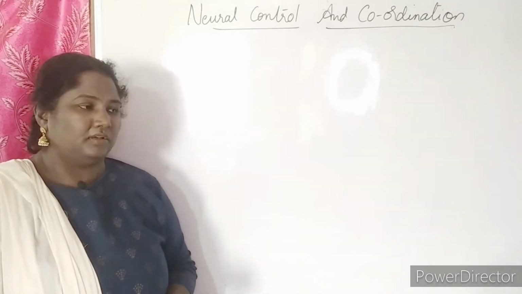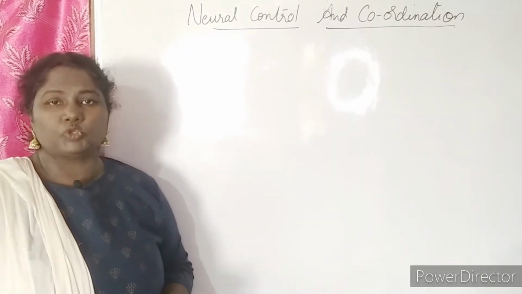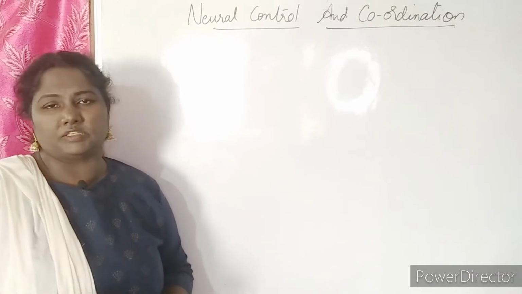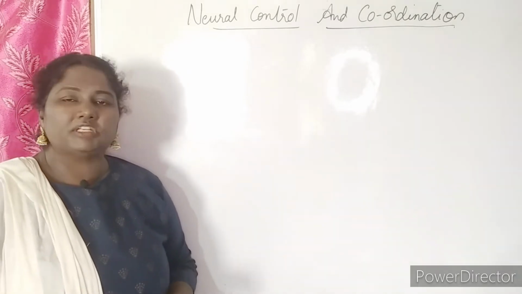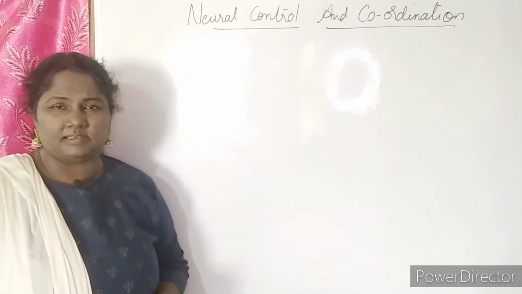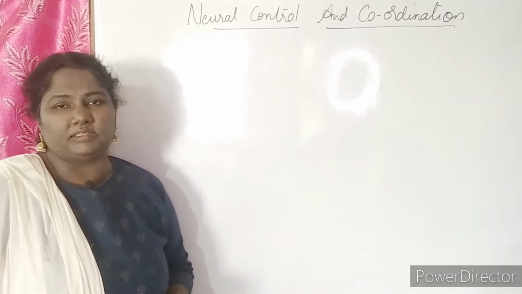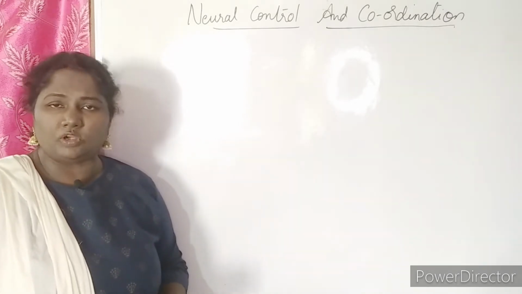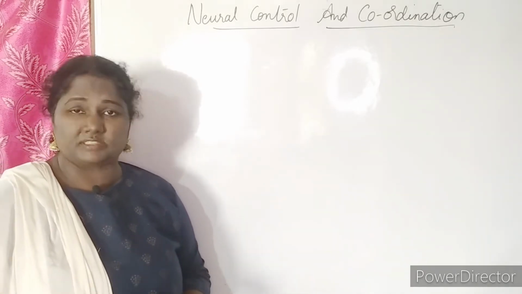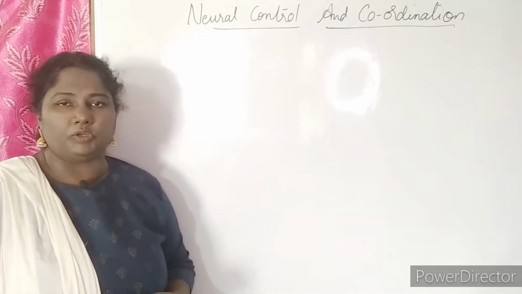Coordination means the interaction between the systems in our body to work fluently, so that the function of our body goes in a smooth manner. For example, if we take an athlete or people who are doing exercises, first we have to discuss the muscular system, because only if all the muscles coordinate is he able to run.